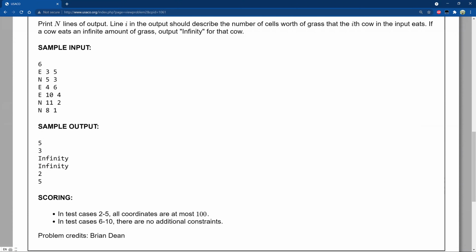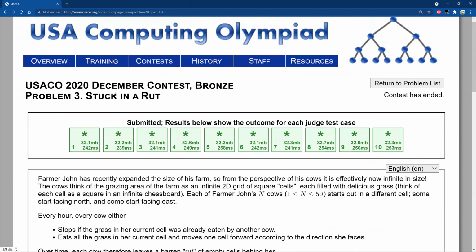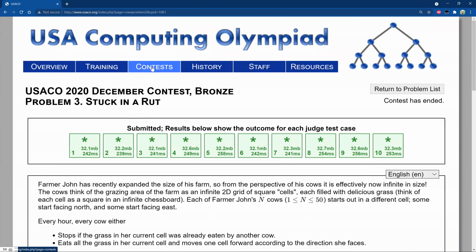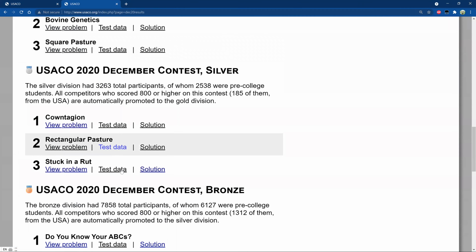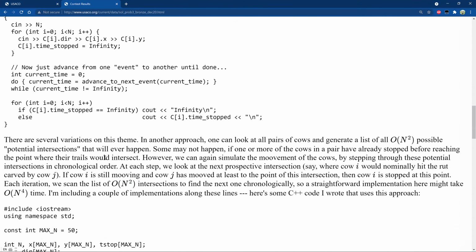I encourage you to try it out before you continue to see my solution. At any point in the video, if you feel inspired, feel free to pause and see if you can complete the problem. I know that there are many videos on YouTube about this problem because it is pretty hard, to be honest. USACO even has an official solution over here, so if you want to read it, you can.